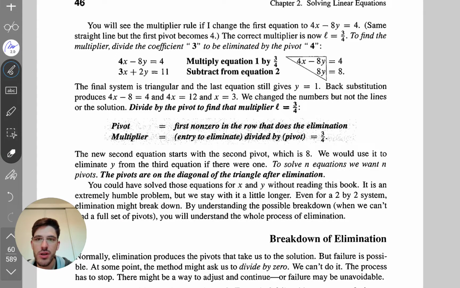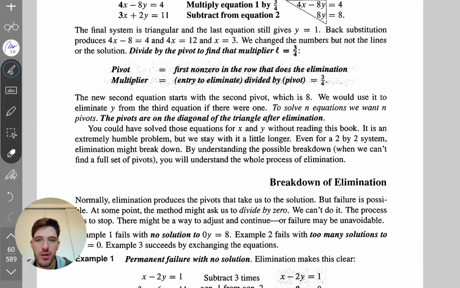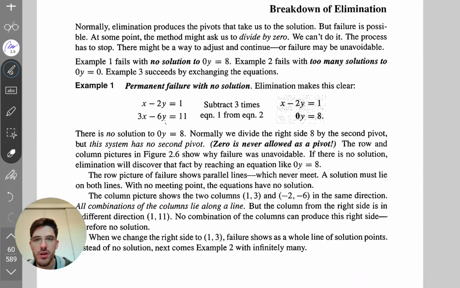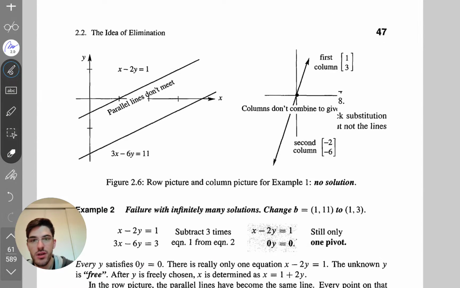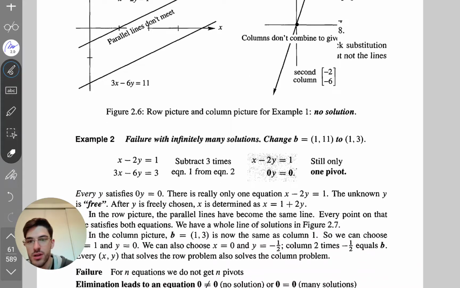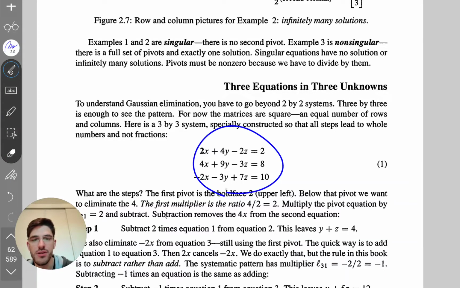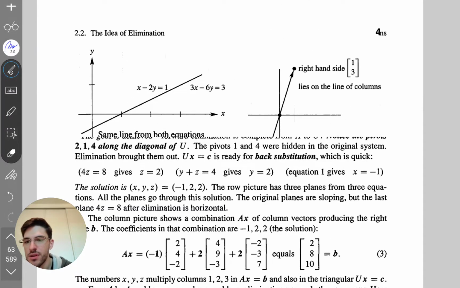But breakdown of elimination. No solution is really interesting. Equation, 3 unknowns. Well, I can't imagine doing this in GLA. Madness. Madness is afoot.